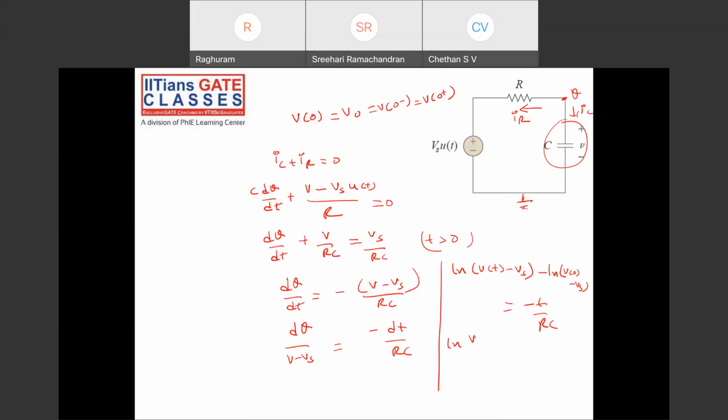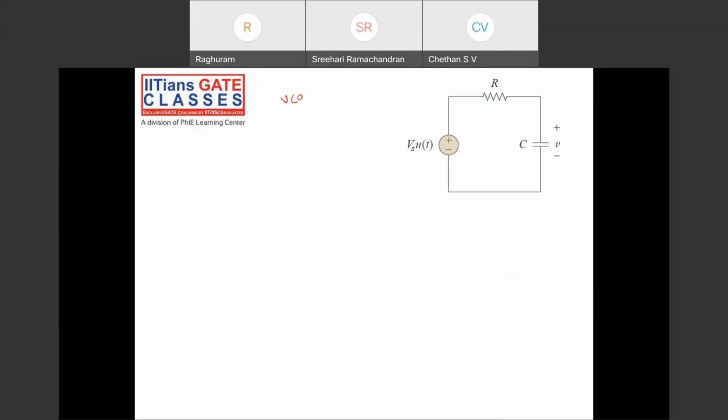ln of V minus Vs by V naught minus Vs is equal to minus t by RC. Clear? Taking exponentials on both sides, what you'll get? V minus Vs by V naught minus Vs is equal to e power minus t by RC.